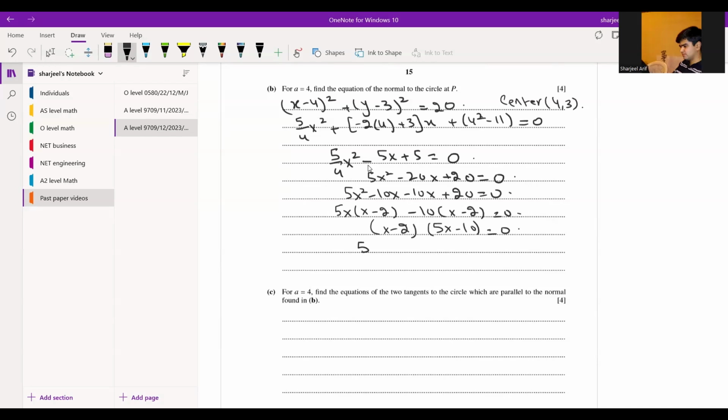If we take 5 common, this will become (x minus 2) into (x minus 2). So x will be equal to 2. There is only one value of x. And for y, this will become 1/2 into 2 plus 6. Cancel these two to get 7. So the coordinates will be 2 and 7.